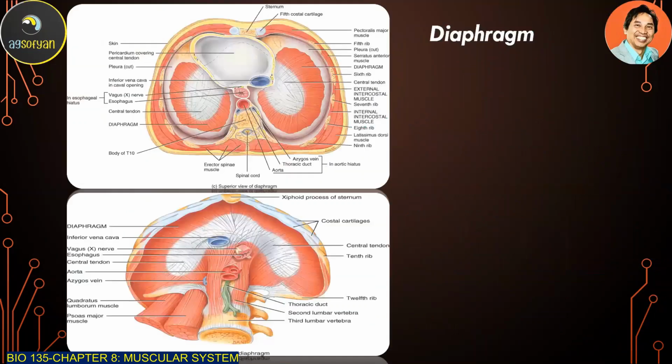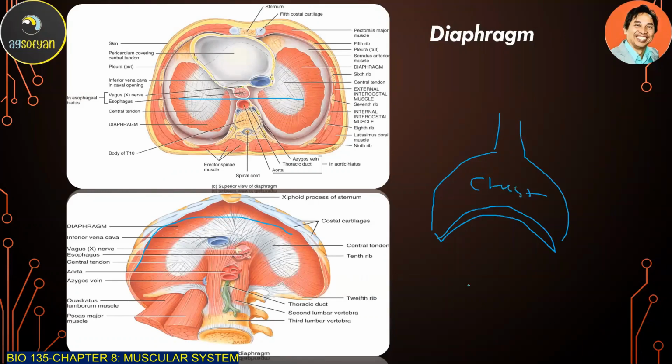This is just how the diaphragm looks from the bottom. Right? This is from the abdomen area. You see this one? It looks like an umbrella. Okay, so let's say this is chest. Okay, this is your chest. This is abdomen.